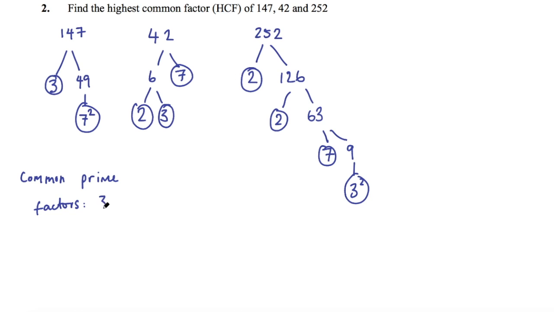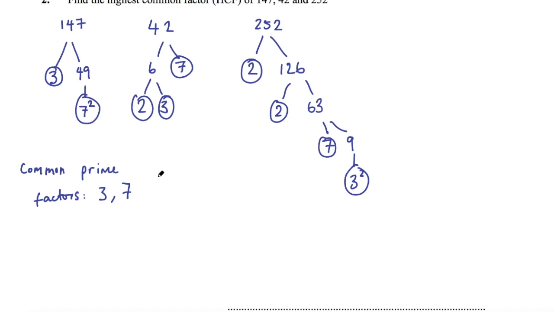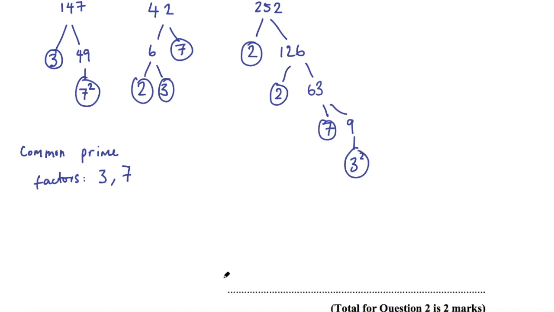So there's one 3. I have a 7 in 147, one 7 goes into 42, and one 7 goes into 252. So my two common prime factors are 3 and 7. I can't see any more. So we can work out the highest common factor by just multiplying those together. The highest common factor here will be 3 times 7, which is 21.